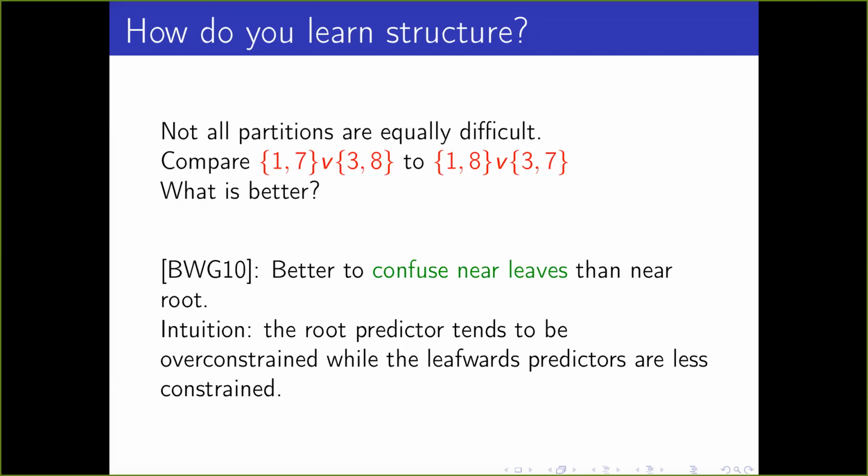There are far fewer constraints that you would like a leaf classifier to obey. So 1 and 7 may still look very similar, even if they're near the leaves. It may be a little bit subtle. I can't always distinguish my child's 1 versus 7, but all you have to worry about is 1 versus 7. You don't have to also worry about 3 versus 8. That makes it a lot easier.